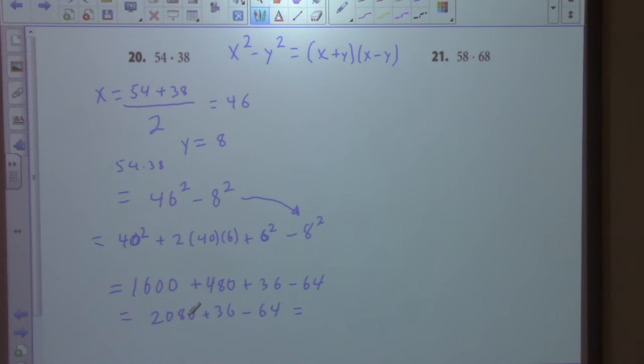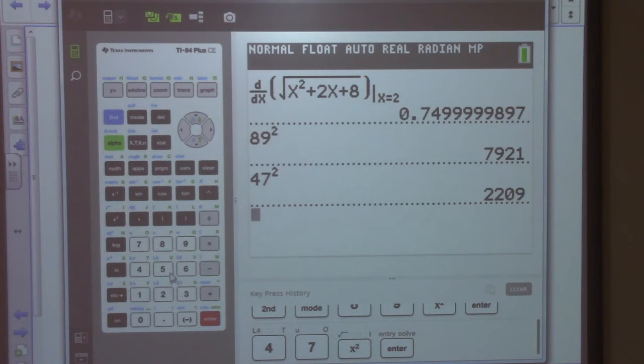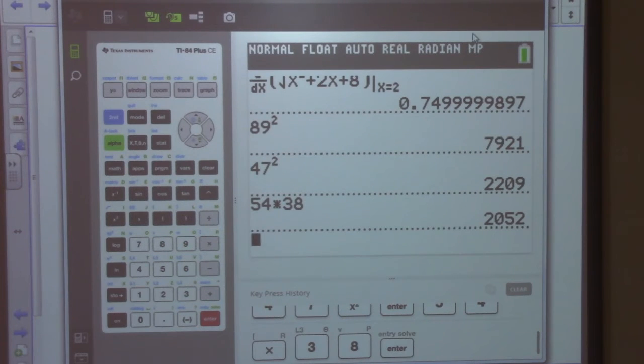So that'll be what, 2052? Is that right? 2052. I'm going to handle Braden's question in a minute, though. So 54 times 38, let's hope that's right. Okay, it's right.